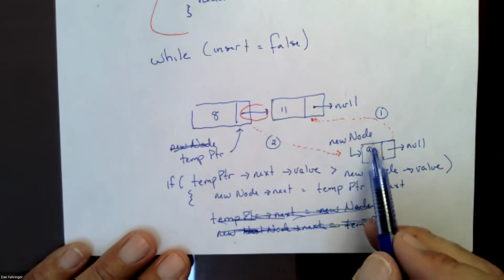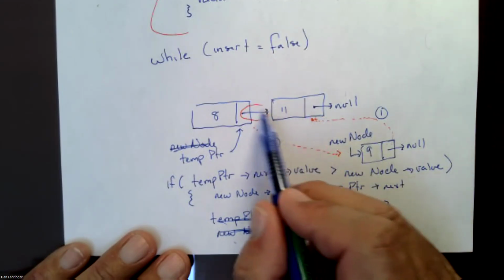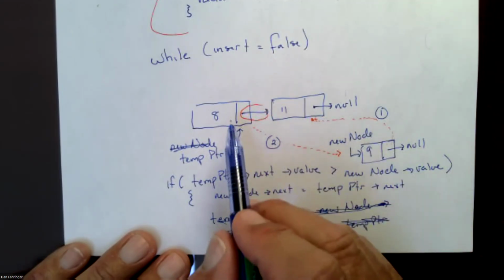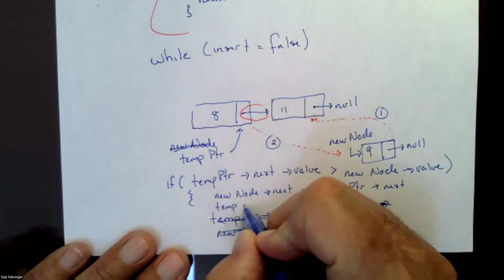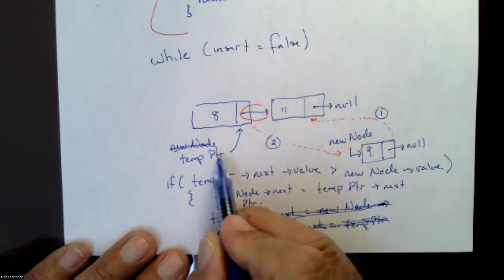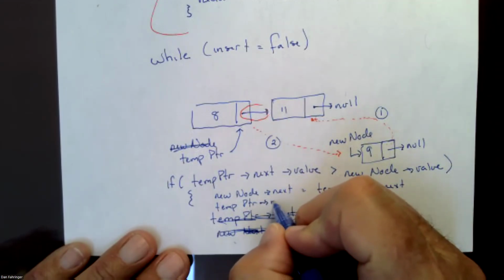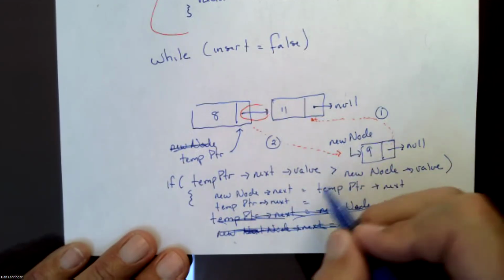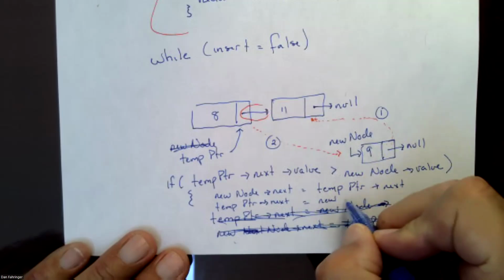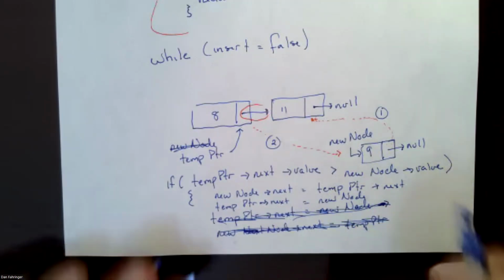New node, which is right here, gets that address. Now, temp pointer's next is going to get the value of new node, the address, right? And that's just new node.